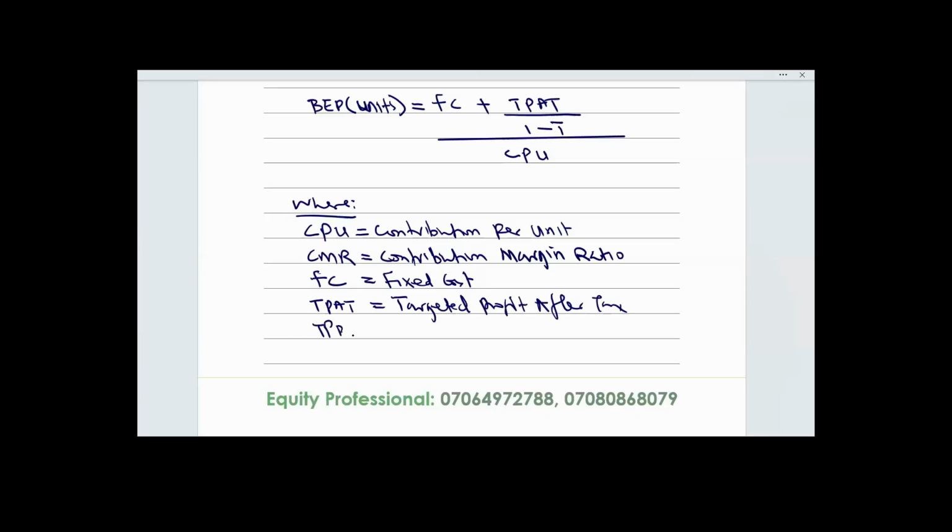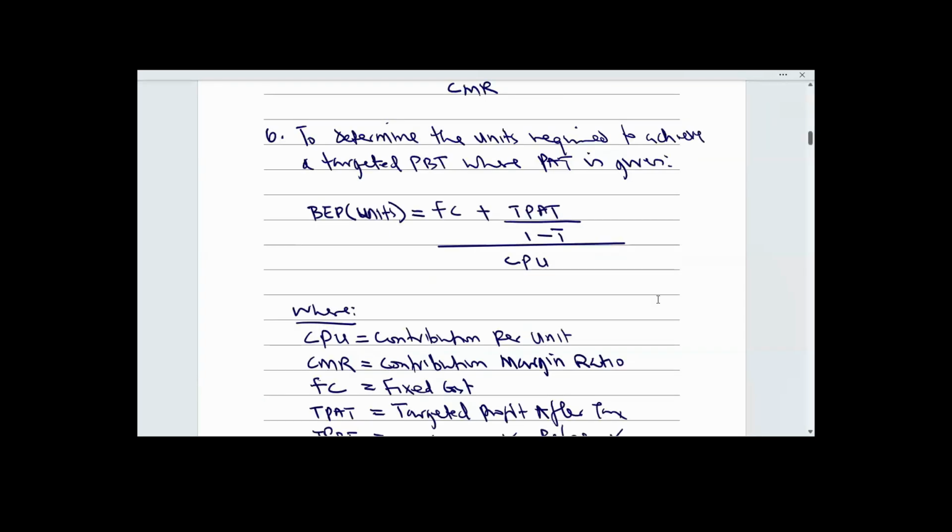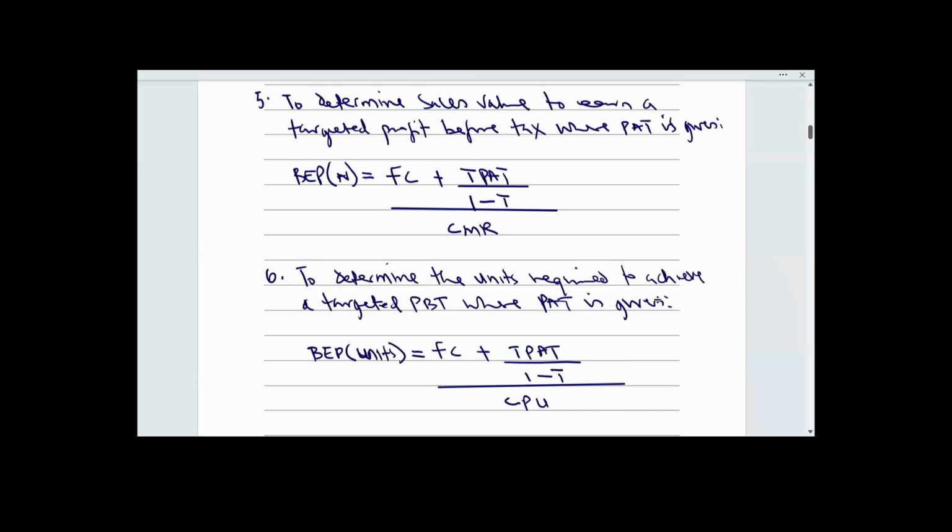TPBT, targeted profits before tax. Then T equal to company tax rates. All right. So that's that.